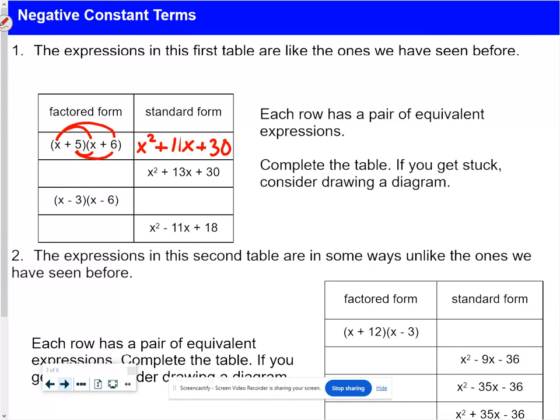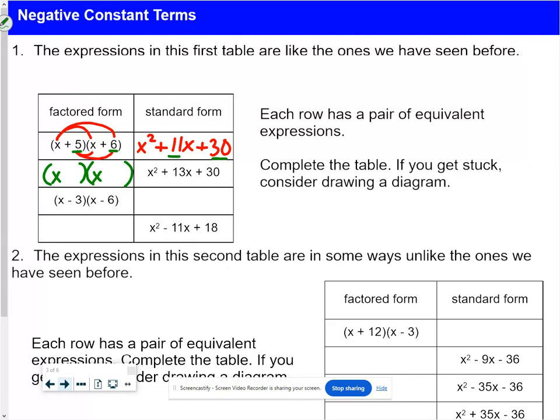The more recent thing is like the next one where I've got standard form and I need to change it back into factored form. So let's take a look at this one that I just wrote in standard form though and try to remember where these numbers are coming from. The 30 came from 5 times 6 and the 11 comes from 5 plus 6. So when I factor this next one, I know it's going to start with an x and an x.